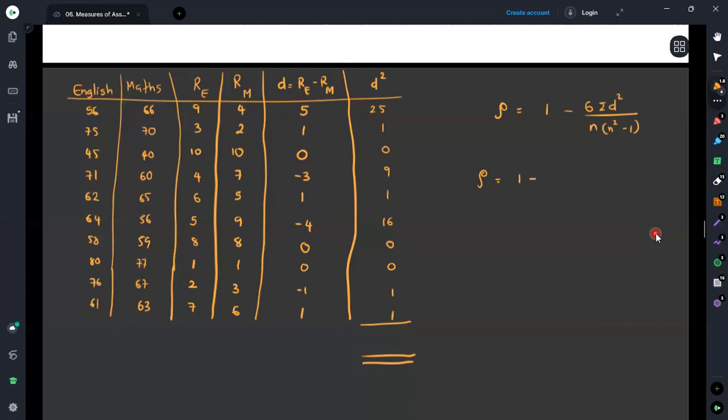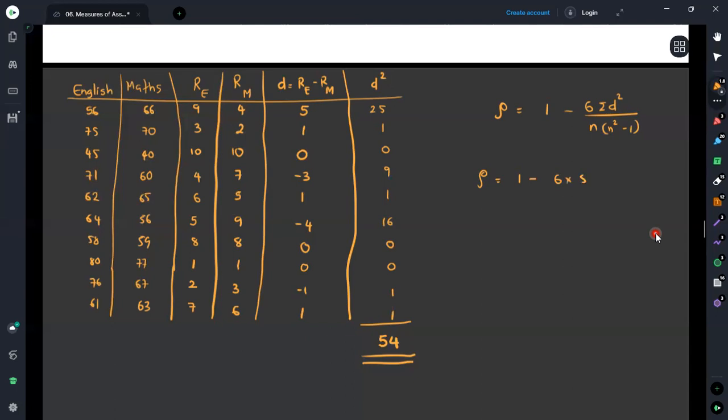Then here it is 1 minus 6, but we need the summation of d squared. If you perform the calculation, 25 plus 1 plus 9 plus 1 plus 16 plus 1 plus 1, altogether we are getting the value as 54. Now, the summation of d squared is equal to 54.